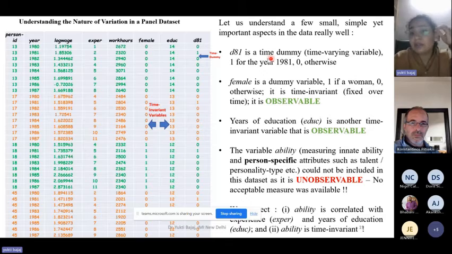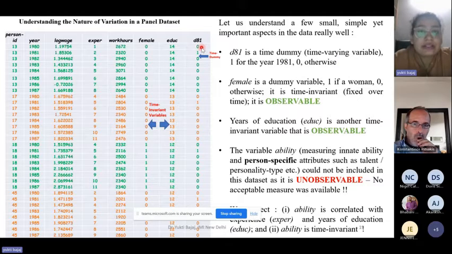So what is a dummy variable? A dummy variable is a categorical variable, wherein you have 2 or 3 categories, and you want to see the impact of other categories in relation to one. For example, here it's a time dummy. It's a time varying variable.